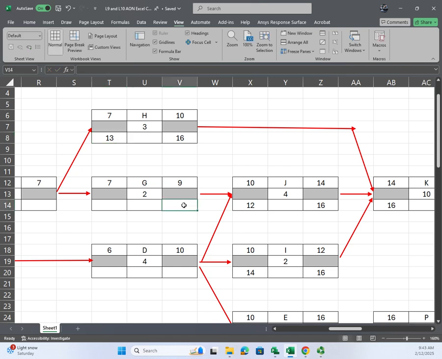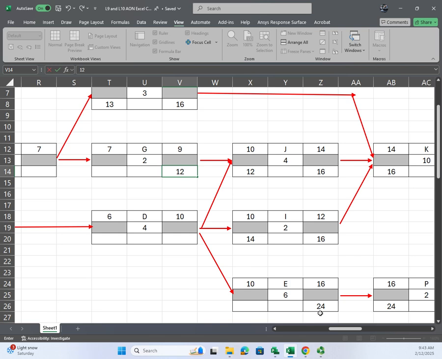So this is 12. Now we got to figure out E's. So 24 minus 6 makes us 28. No, 18. 18. 18, 14, 12. 18 becomes D's.